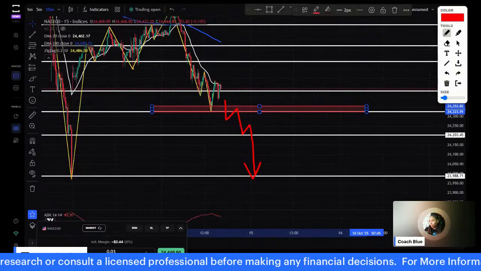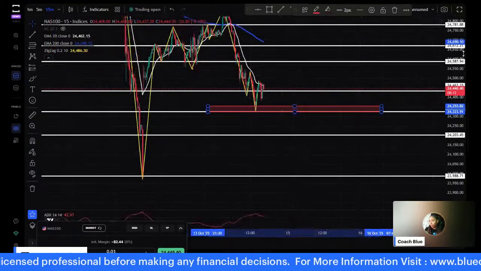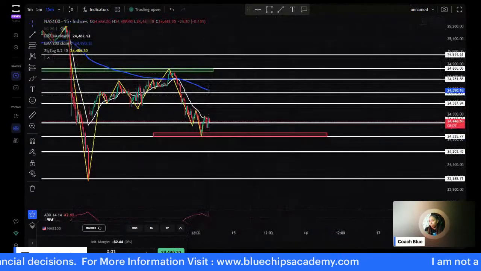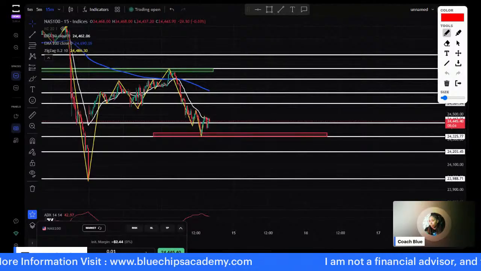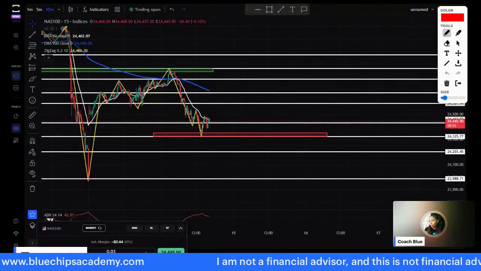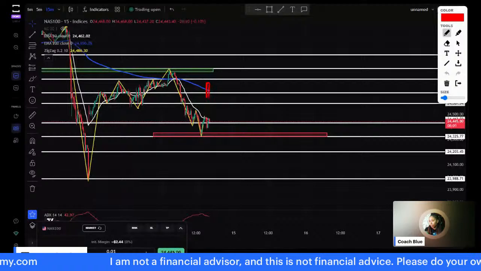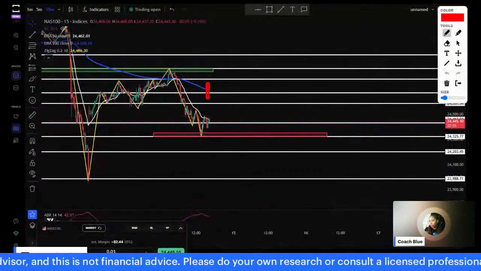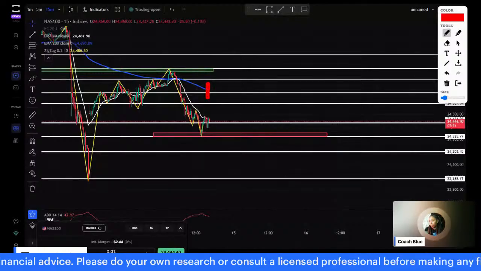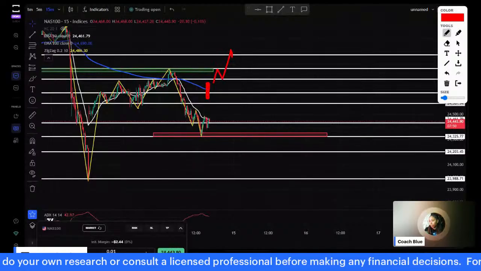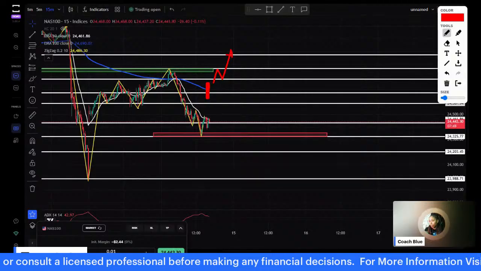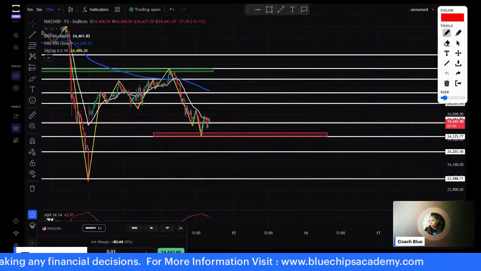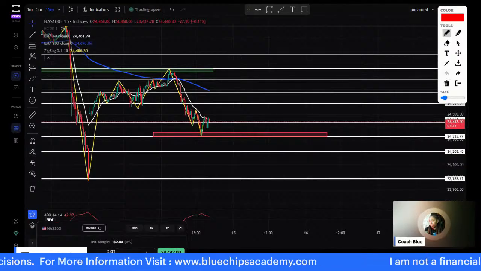Now on the upside of this, we're looking for the buy zone. Whenever we're moving in the opposite direction of the EMAs, we want to break the 200 EMA. And great morning to everybody that's joined, right? We want to break the 200 EMA and then the next level above it, because price reacts off the 200 all the time. It'll use it as support or resistance, or it'll actually break through.